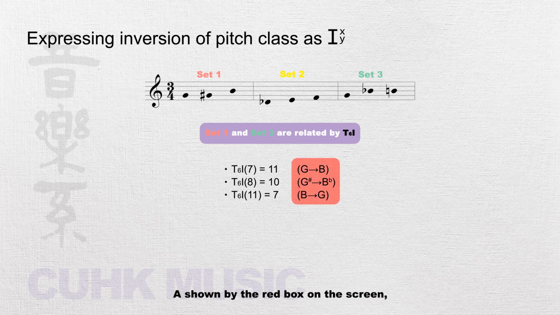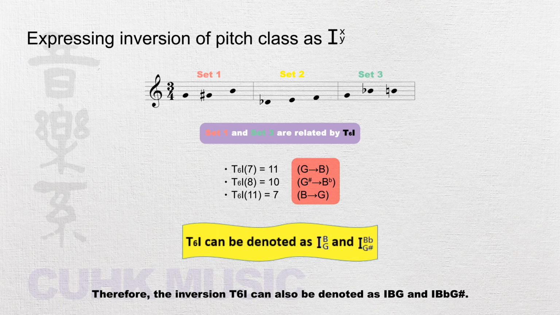As shown by the red box on the screen, the inversion maps the pitch class G onto the pitch class B, the pitch class G sharp onto the pitch class B flat, and the pitch class B onto the pitch class G respectively. Therefore, the inversion T6I can also be denoted as IBG and IB flat G sharp.